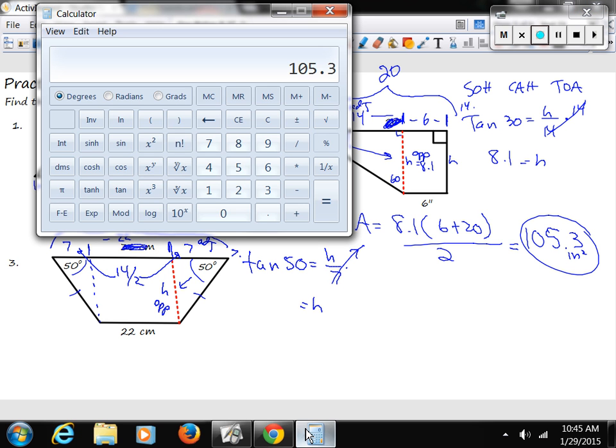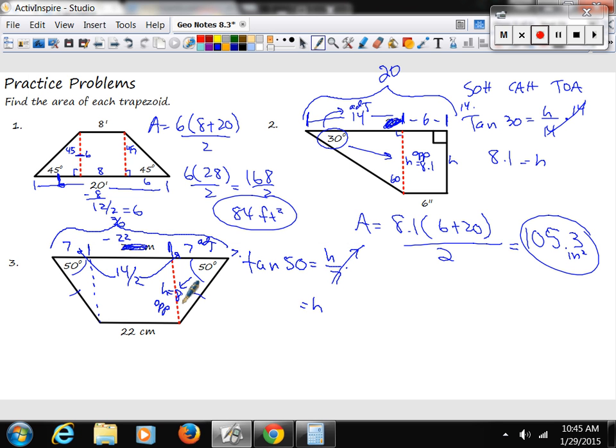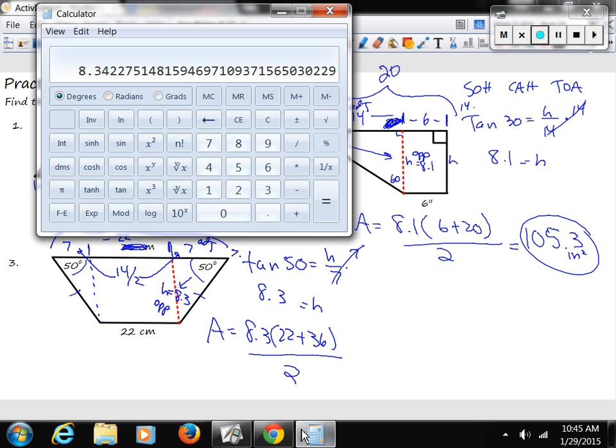So you got the tangent of 50 right there. You're going to times it by 7. You're going to get 8.3 for your height. So your formula then is going to be 8.3 times 22 plus 36, divided by 2.